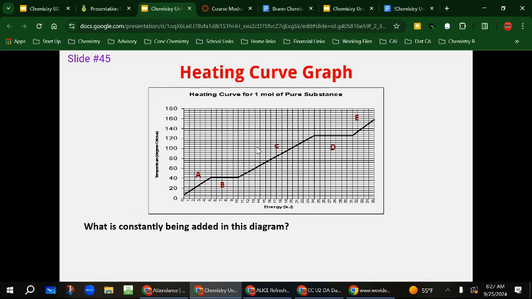Are we still adding energy here? 5 kilojoules, 10 kilojoules. Did we still add energy there? It's not a trick question. Think about it. To get from here to here, how much energy did we add according to this diagram?